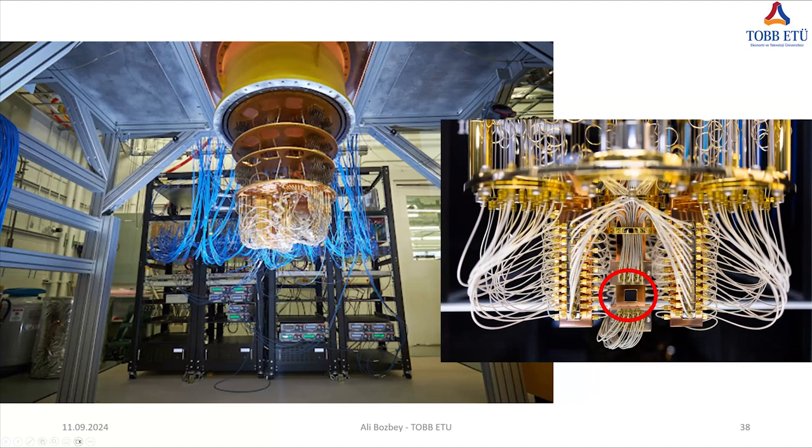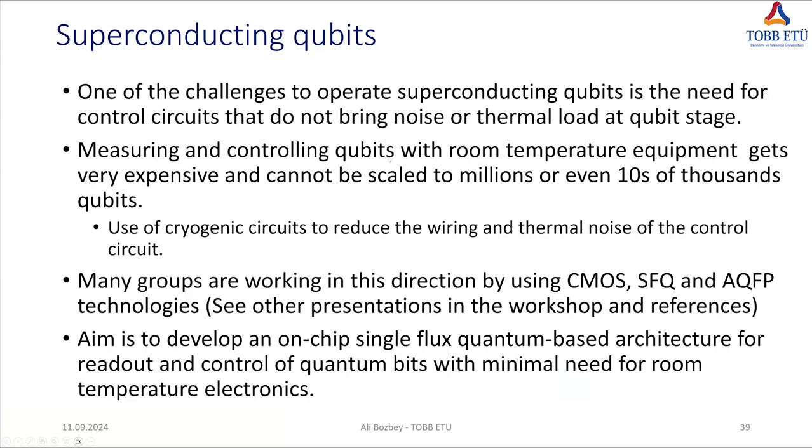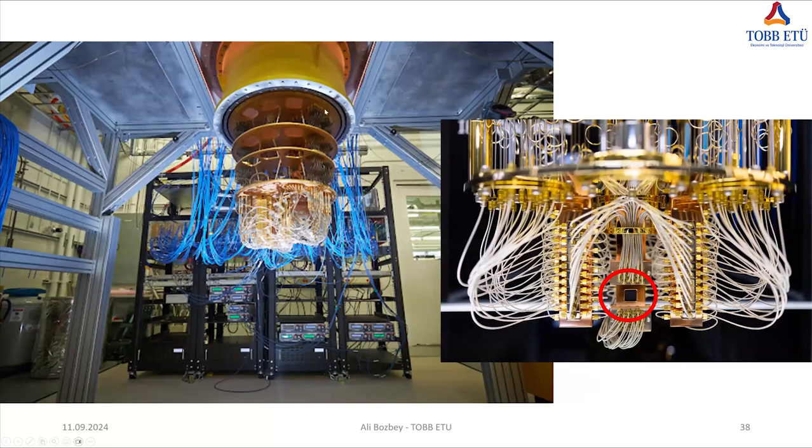So now the challenge is to scale down this bulky electronics and cables to a smaller scale, and preferably inside the cryostat. Then you don't need any cables going out of the cryostat. Some groups are working on CMOS, cryo-CMOS technologies.